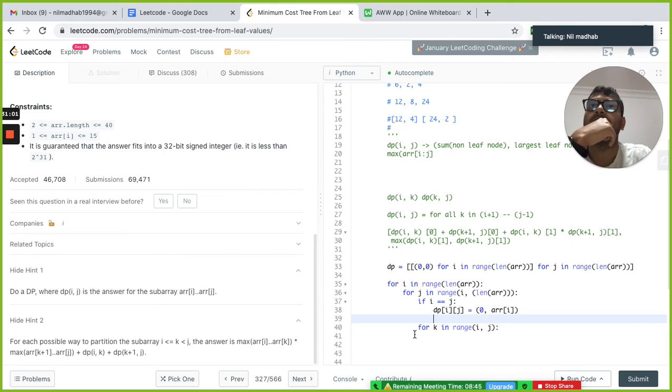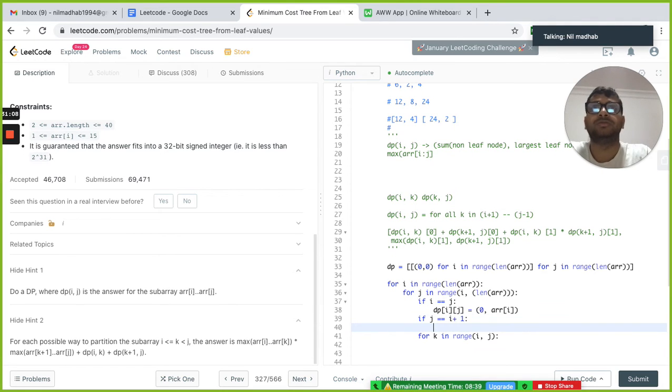And let's also consider if j equal to i plus 1, only 2 elements. In this case, what will be the answer?